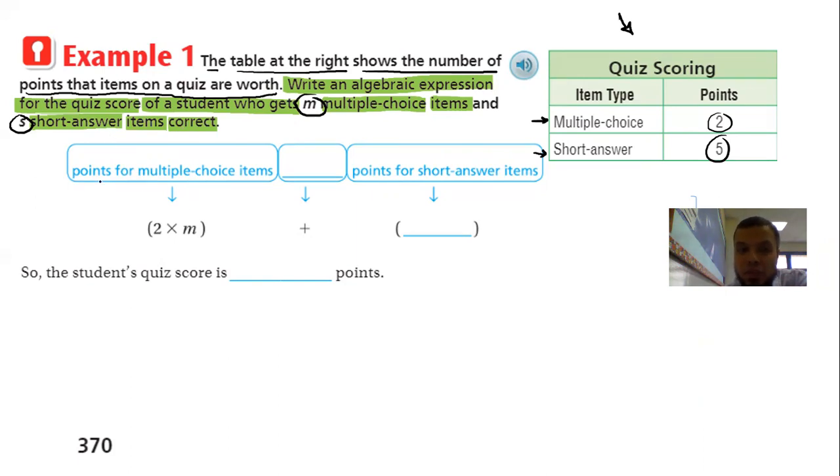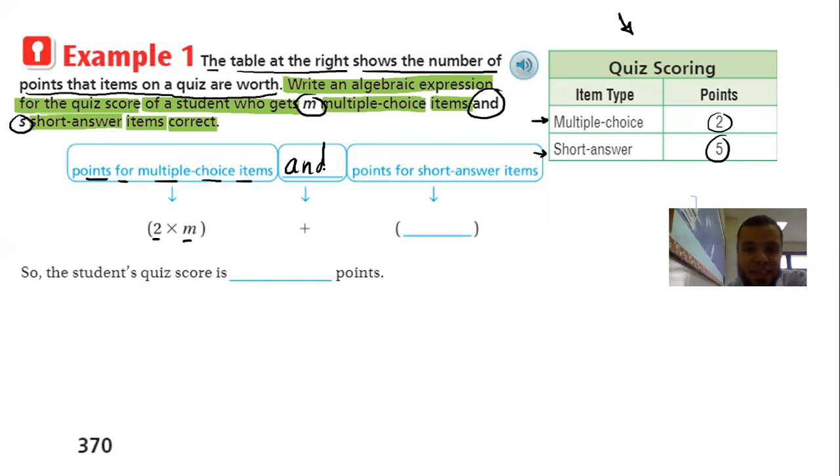Okay, first, points for multiple choice items. If you want to calculate the points of multiple choice items, you need to multiply. You need to what? To multiply. 2 times M. Okay, this is for multiple choice. And he says here and means plus.